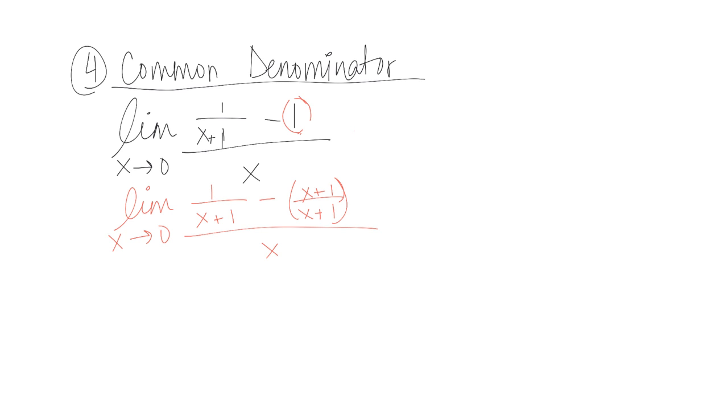All right, so now I am going to do some simplifying in my numerator. This negative has to apply to both, and I'm going to make it one fraction. So I'm going to have 1 minus x minus 1 over x plus 1. So that's the numerator, all over x.